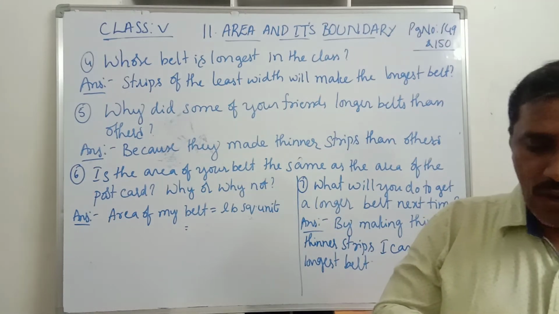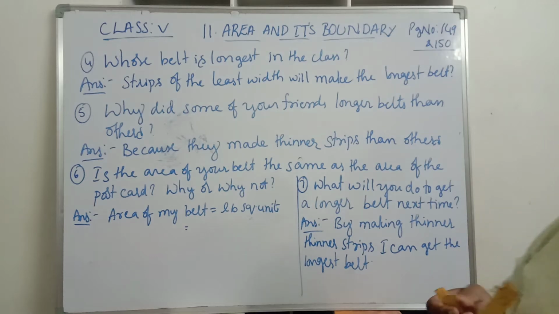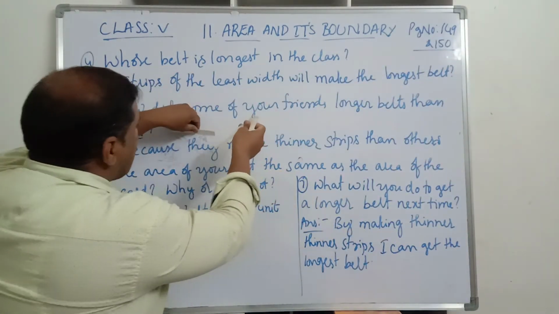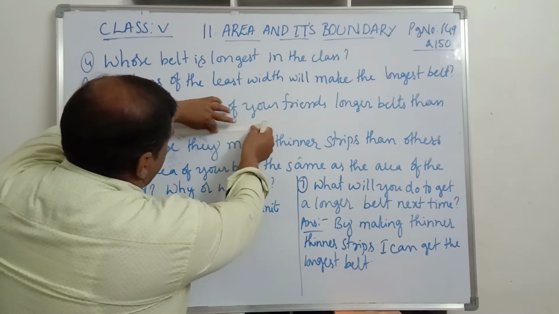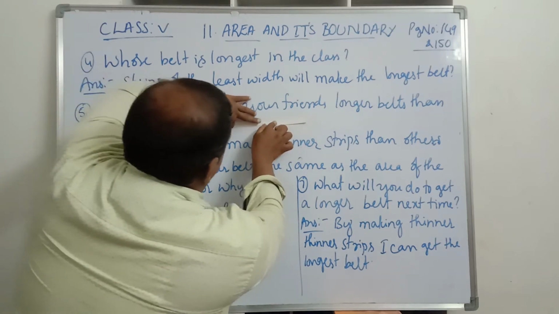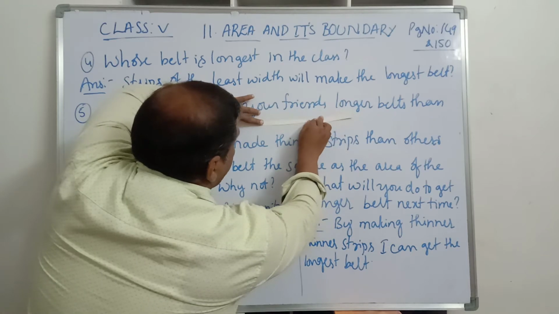Just now I have shown you, I took only 3 pieces and we got some length of the paper, that is a belt. Now I increased it to 6 pieces. You see, this is 3 pieces, similarly this is 4. Definitely the length is increased.